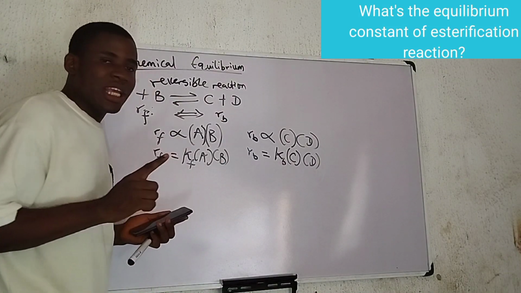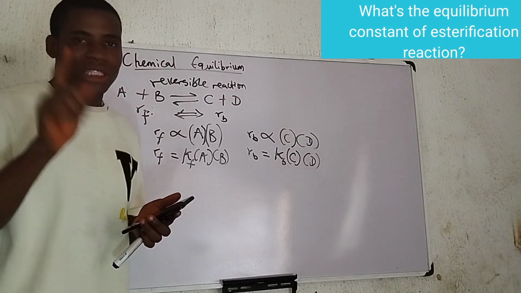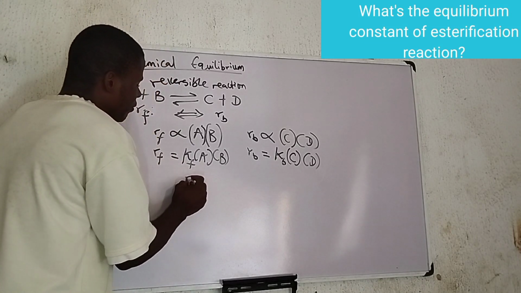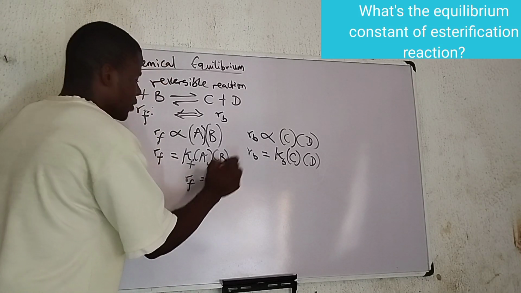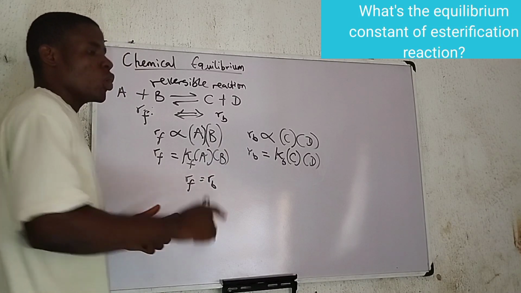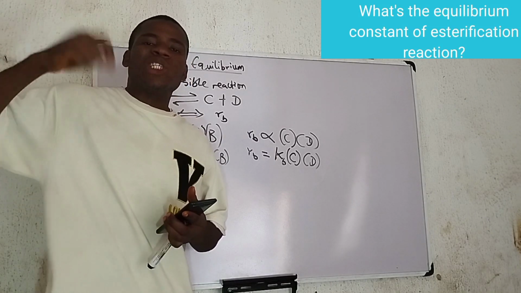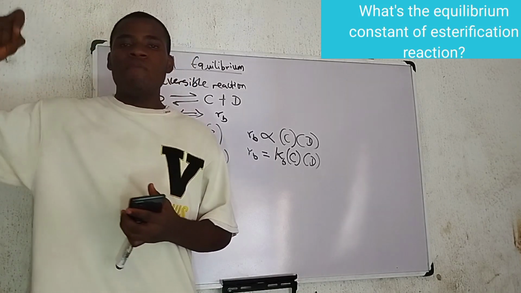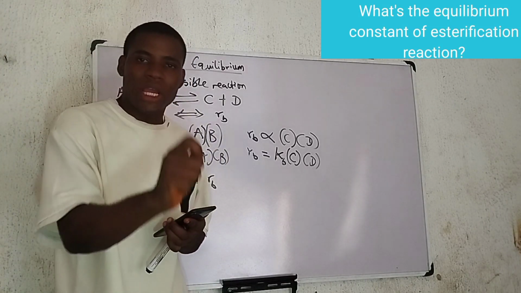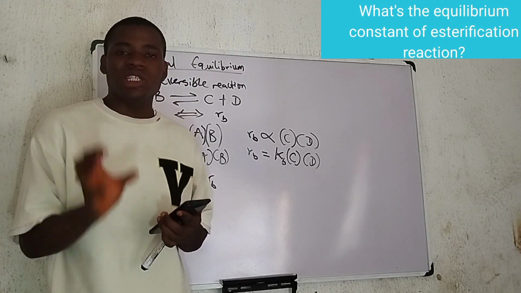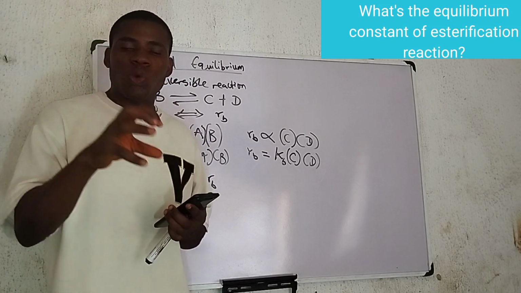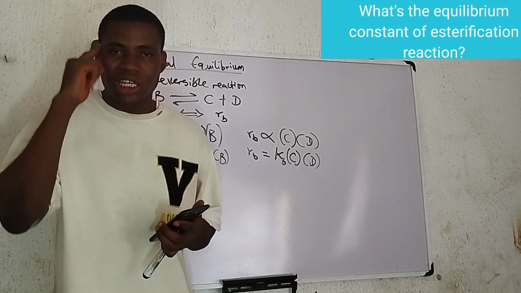I said earlier that for a reaction to be at equilibrium, RF equals RB, that the rate of the forward reaction must equal the rate of the backward reaction. The rate at which the reactants form the products must equal the rate at which the products form the reactants. That's what it entails.